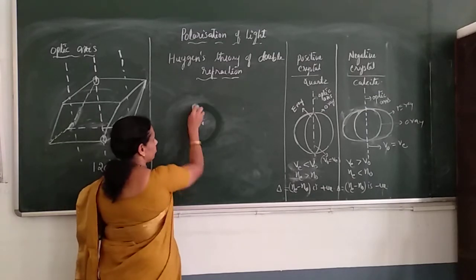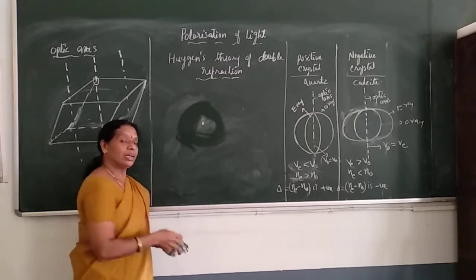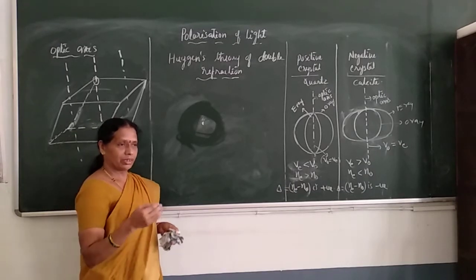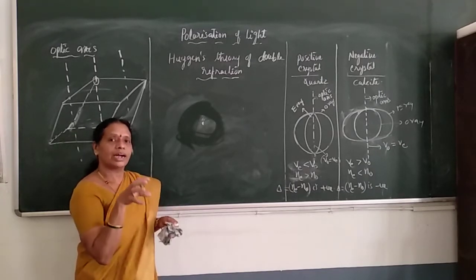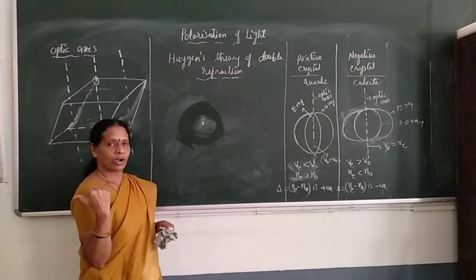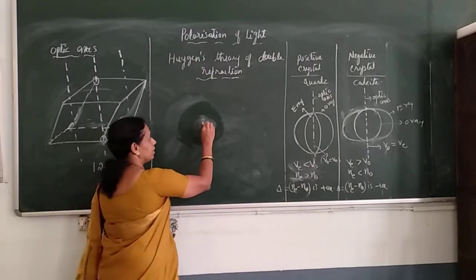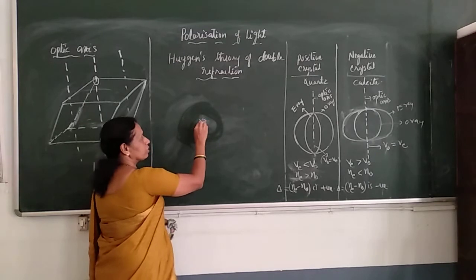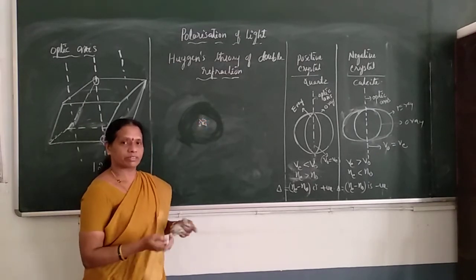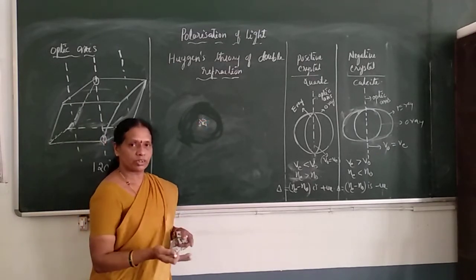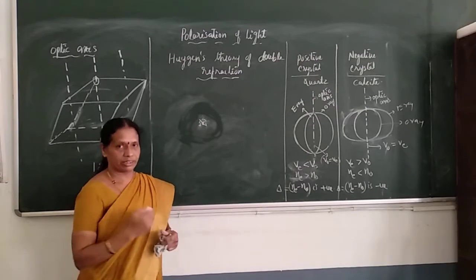Suppose the source is placed in an anisotropic medium, kept inside an anisotropic crystal like quartz or calcite. In that case, light is emitted by the source and then the light splits. The splitting of light is observed. It splits into two rays.